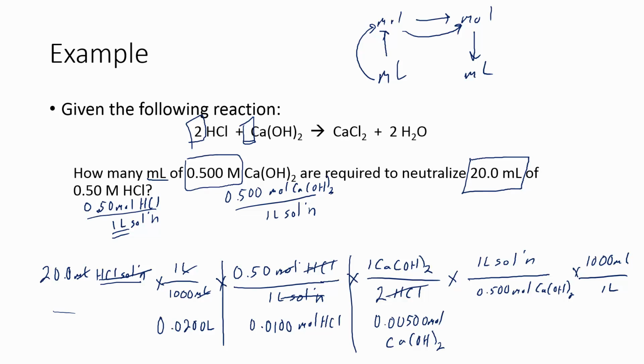Because hydrochloric acid moles have canceled out. Now after this step, we will have liters of, and specifically 0.0100 liters of calcium hydroxide solution. Good. And now after this step, we will have times 1,000, 10 milliliters, 2 sig figs because of this.